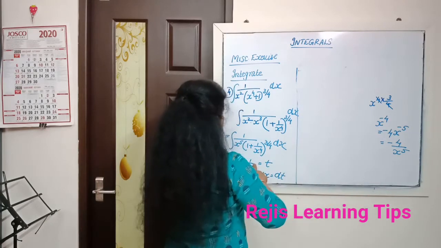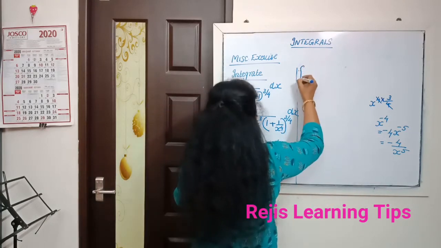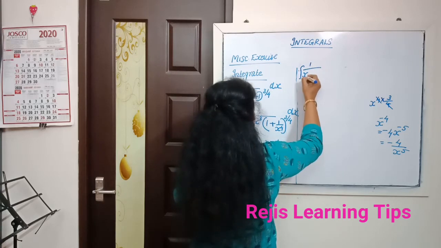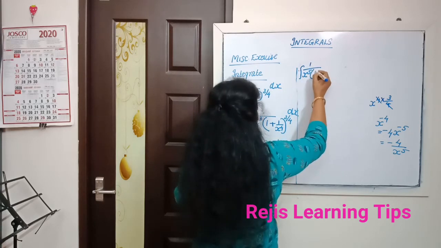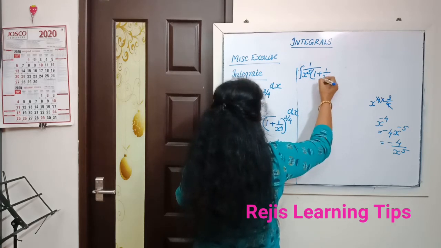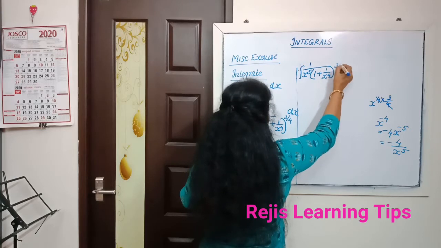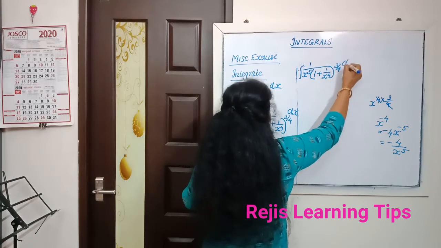So we can write the integral of 1 divided by x raised to 5 into (1 plus 1 by x raised to 4) the whole raised to 3 by 4 dx.